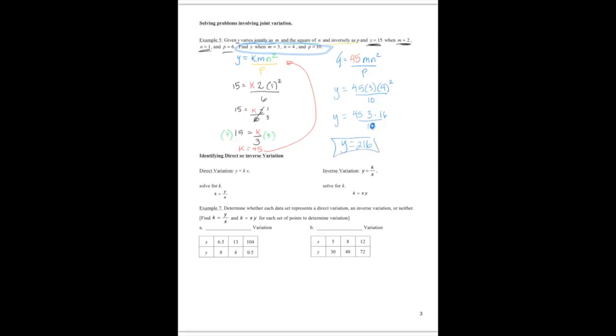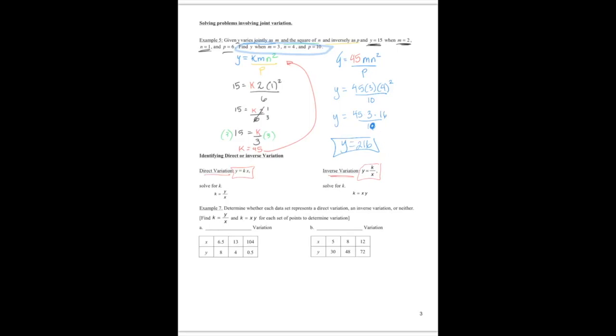So, how can you determine or identify direct or inverse variation? Well, for starters, you have to know the direct variation general form of the equation, the inverse variation general form of the equation. From that, you can solve for k.